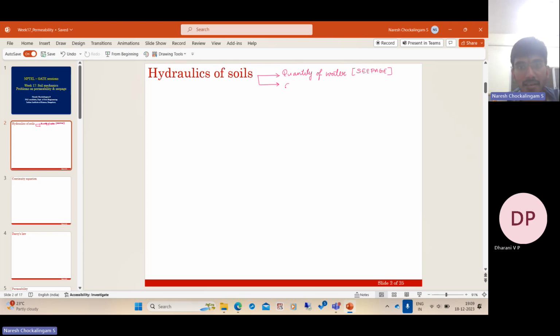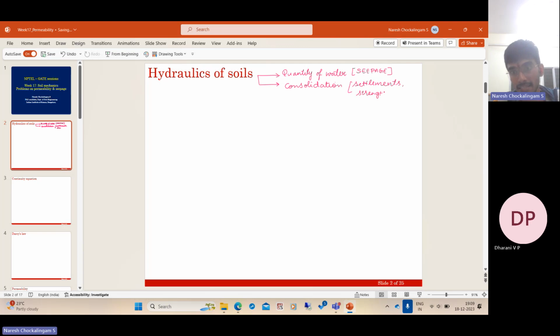Consolidation is important from the aspect of settlements of structures, because as water drains, the structure goes down. As water goes out, the interaction between soil particles is also stronger, so it also deals with the strength of soil.